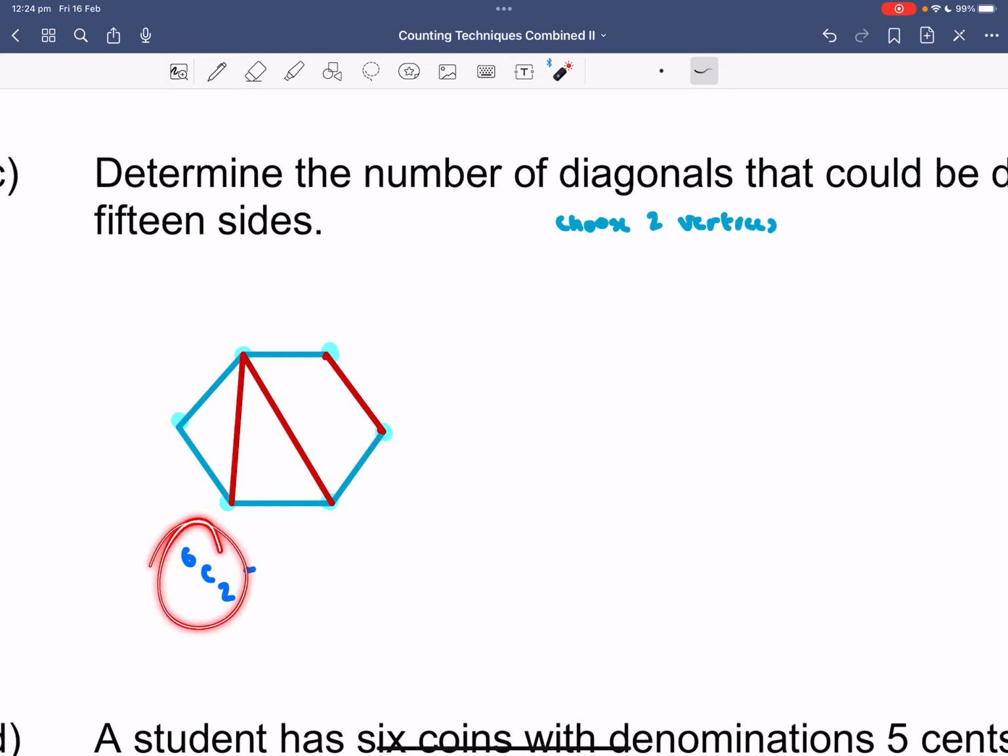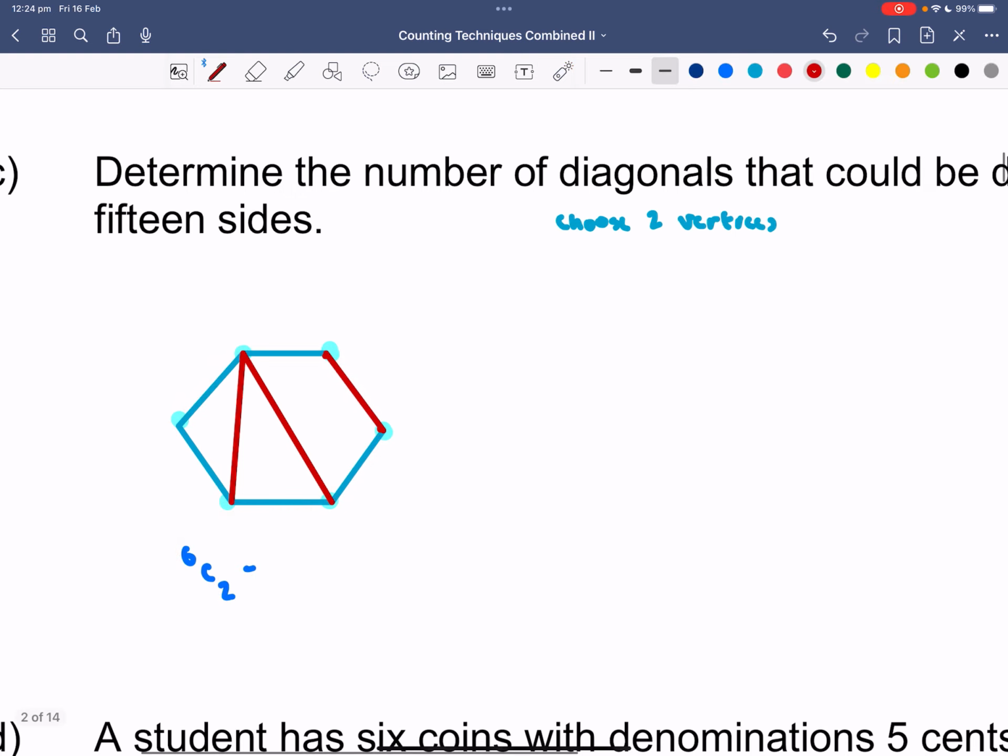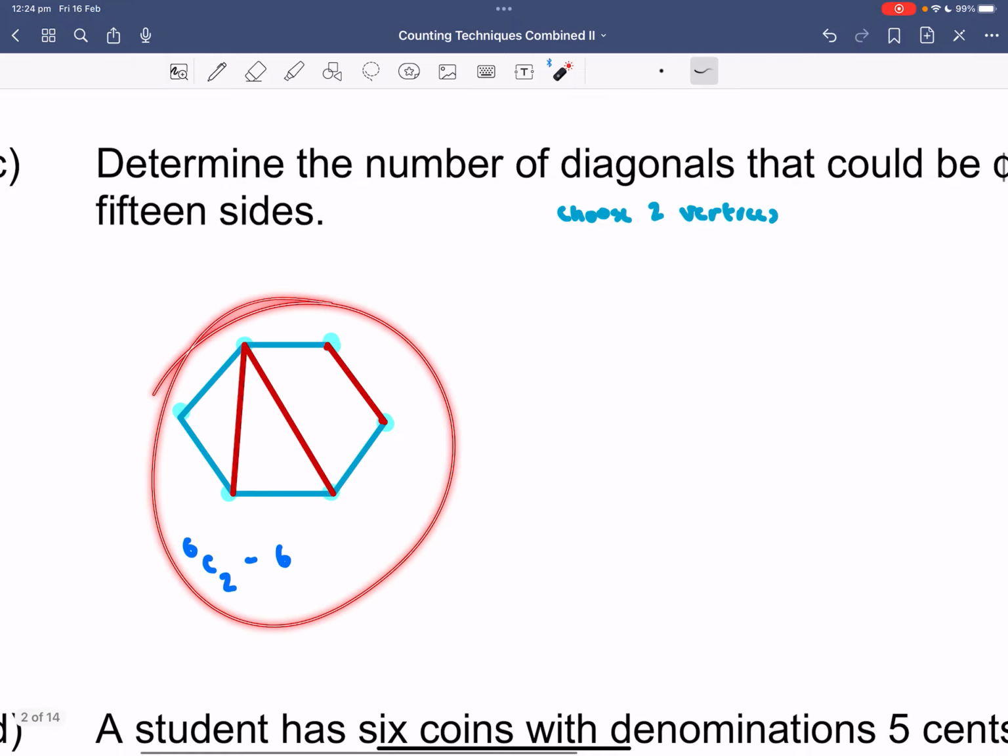So I hope everyone realizes that 6 choose 2 simply connects any two vertices together. But when you connect vertices together, it may be what we call a diagonal, or it may just be a side length. These selections made when I did 6 choose 2 are illegal because they're not diagonals, they're just side lengths. So therefore I have to minus 6 away from the answer. That is for a six-sided shape.